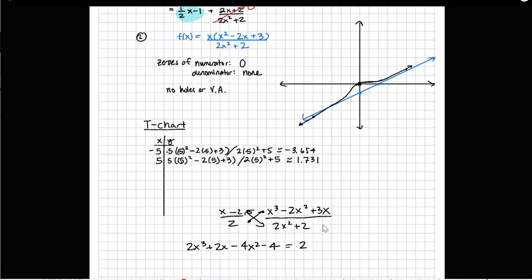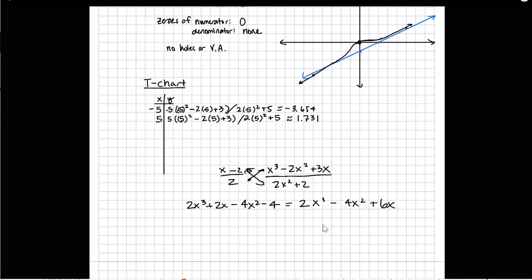And is that equal to 2x cubed minus 4x squared plus 6x? So we take away our 2x cubed and add our 4x squared, and we get 6x equals 2x minus 4.